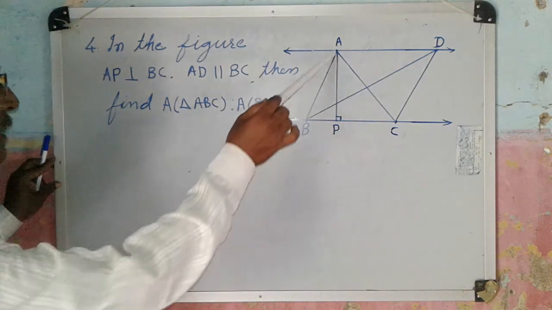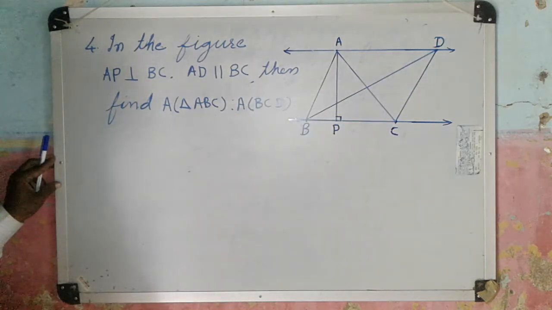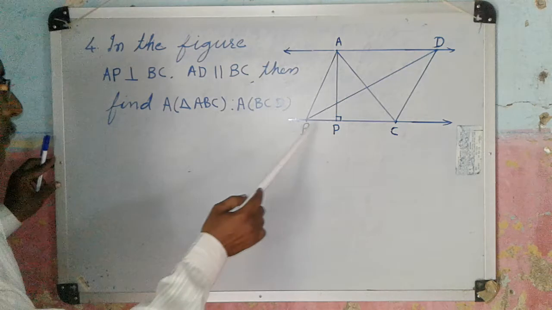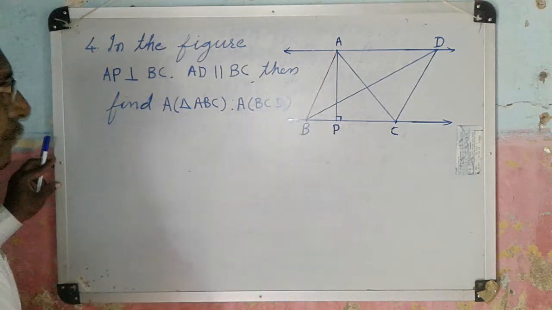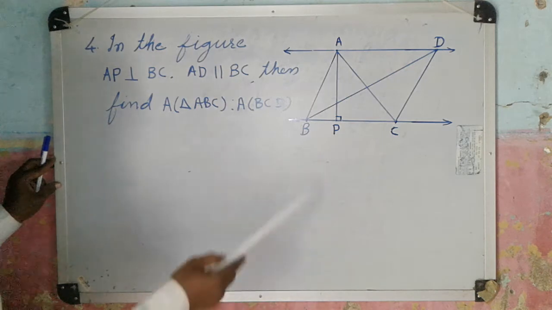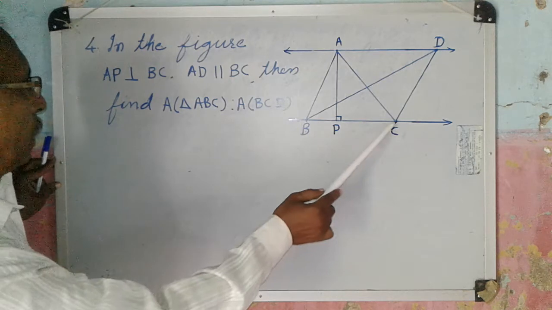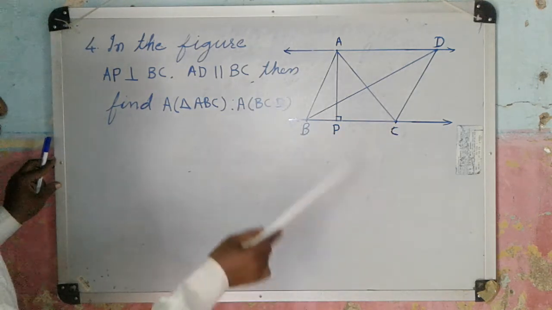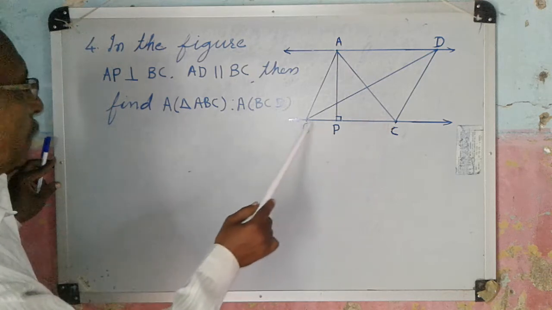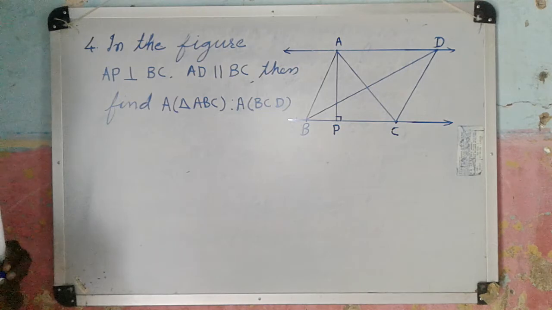Therefore, the heights of both the triangles will be equal. That means both the triangles have height equal to AP. And also both the triangles are on the common base BC. That means their bases are also equal. So, we will take the ratio of areas of these two triangles.